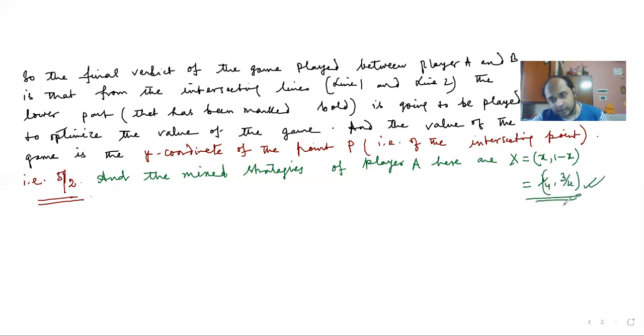What does it mean actually? Let me write it properly. It means when I say that the mixed strategy of player A is 1/4 and 3/4, this means that if the same game is played 4 times between player A and player B.